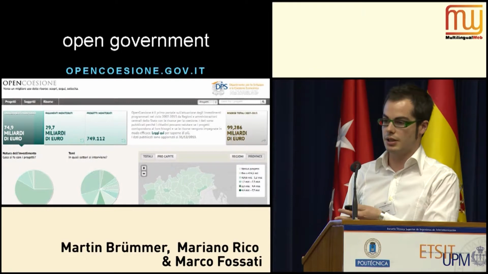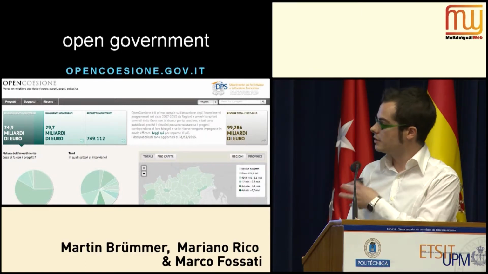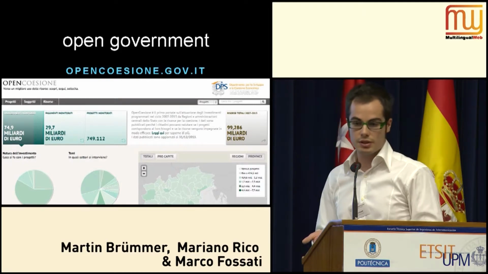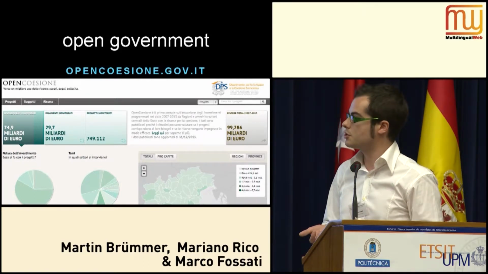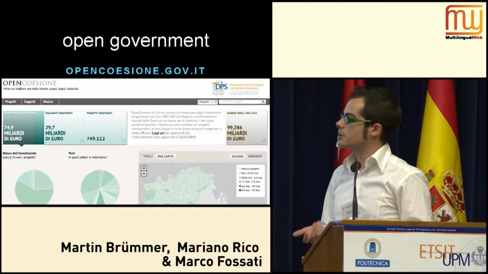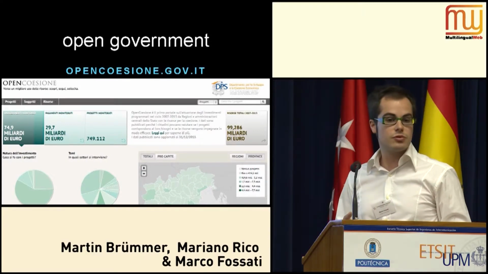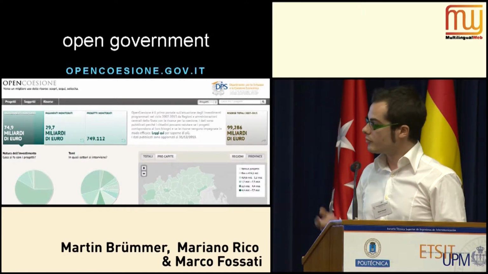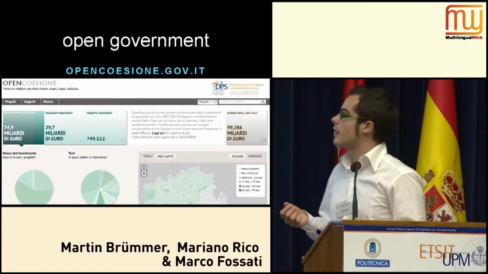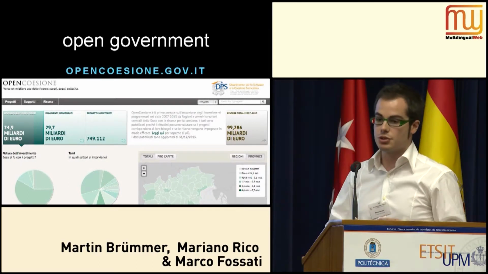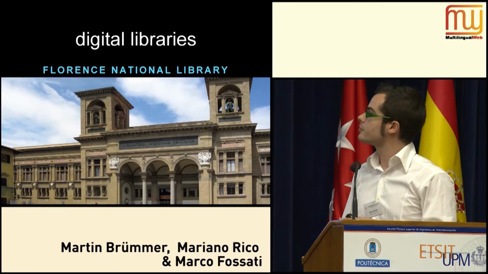enrichment and interlinking. The entities like locations and companies can be automatically enriched with encyclopedic information coming from Wikipedia, from the Italian Wikipedia. And interlinking improves the browsing capabilities, since it enables some kind of semantic relation discovery between those entities.